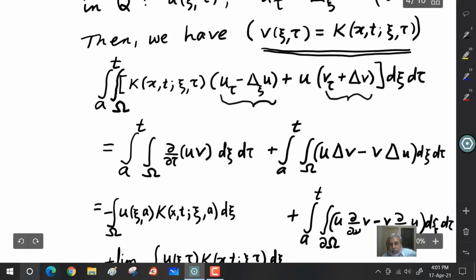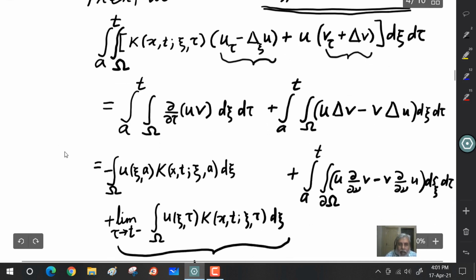V of xi tau is k of x t xi tau, because x and t are held fixed. If you take the first part, this is v u tau plus u v tau, and that is the same as d by d tau of u v.